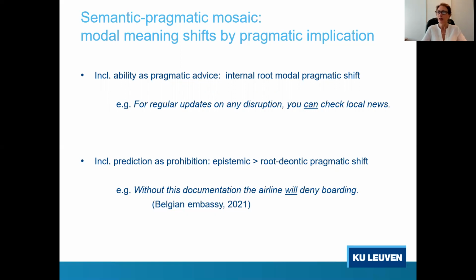So for instance, the expression of ability can actually be interpreted pragmatically with the meaning of advice, as we can see here in this example, or for instance, the expression of prediction and epistemic modal meaning can actually be interpreted pragmatically as prohibition, as we see in this example at the bottom here.